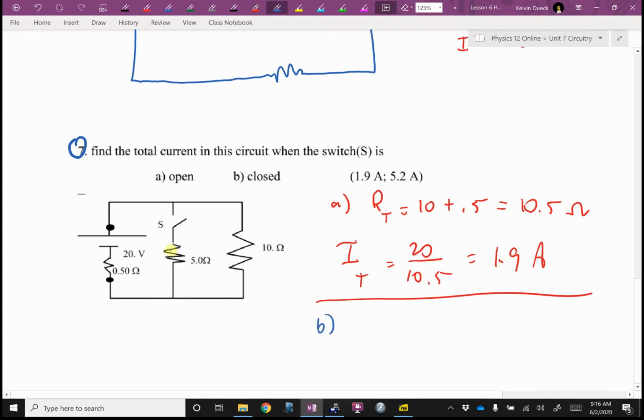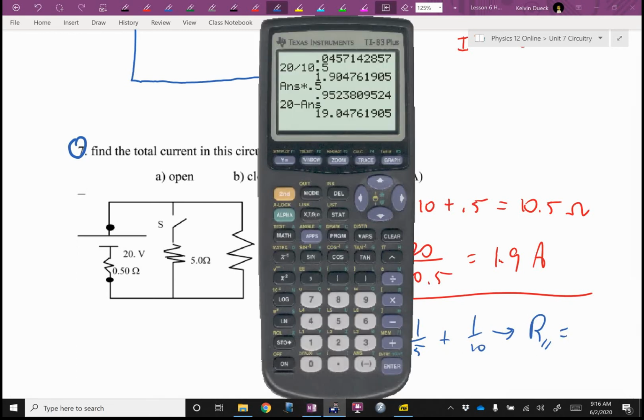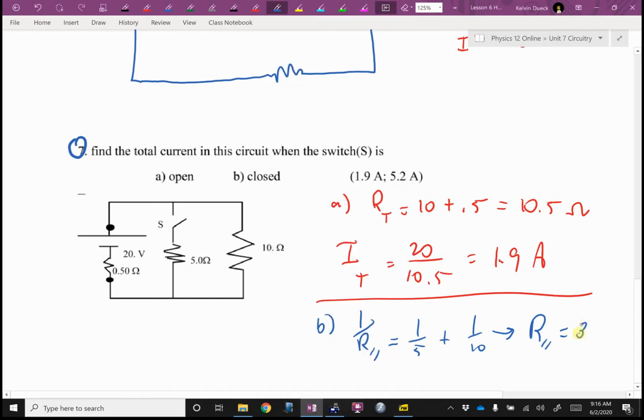Well, when we close this, now the 15 and the 10 are in parallel. So 1 over our parallel is 1 over 5 plus 1 over 10. And then take the reciprocal of that. 3.33333.